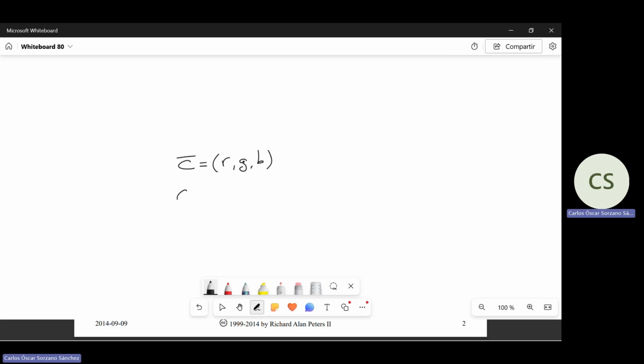Let's start with a simpler one. Something that is red will be a vector that is R and then 0, 0. Depending on how big R is, you will have more red or less red.